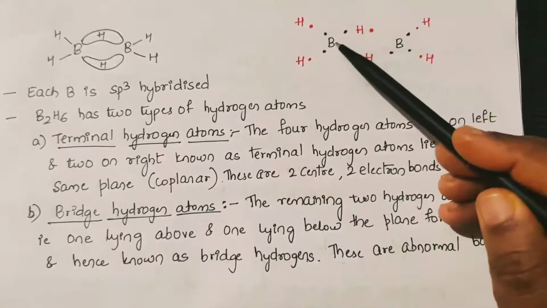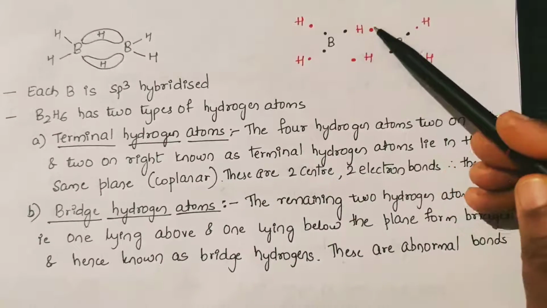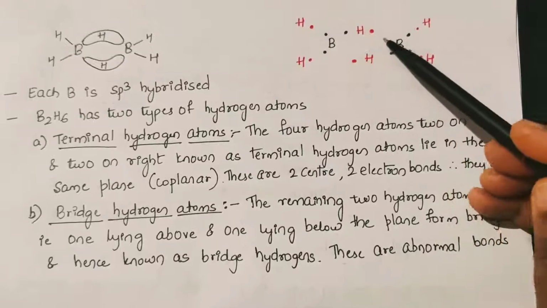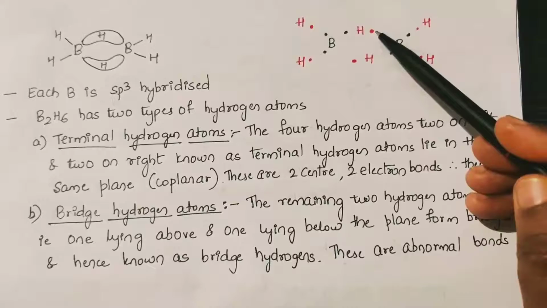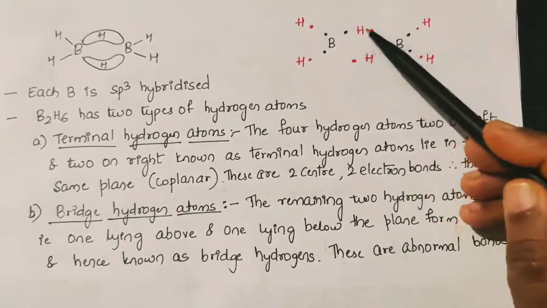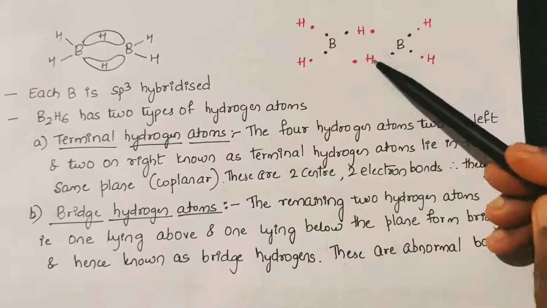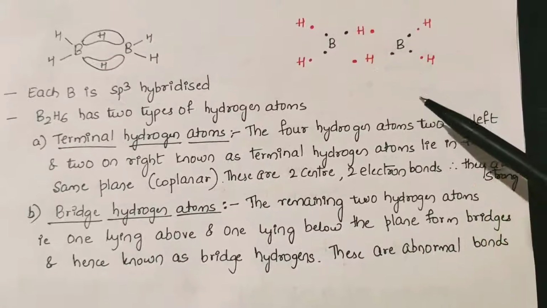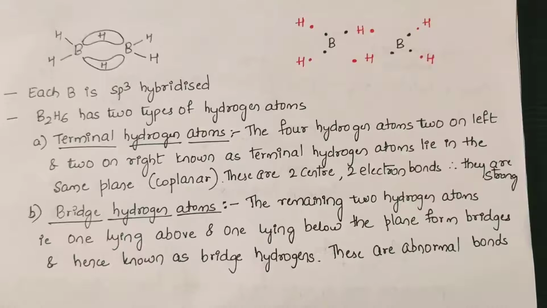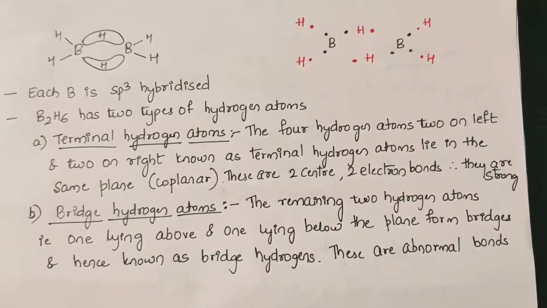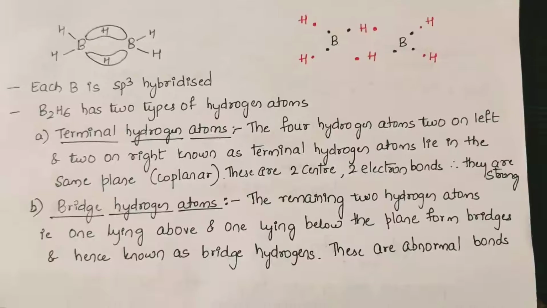It has 3 centers and 2 electrons, 3 atoms sharing 2 electrons. Here also, 3 atoms, B-H-B, sharing 2 electrons, one from boron and one from hydrogen. Since they resemble a banana, they are known as banana bonds, and they are said to be quite weak. So this is the structure of diborane.